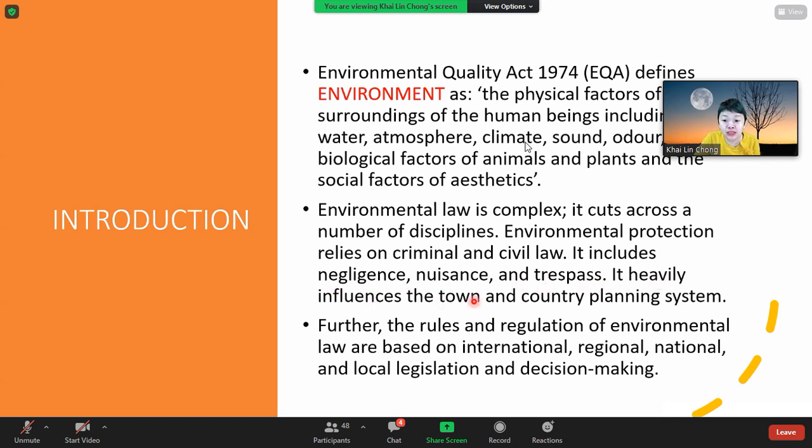It heavily influenced the town and country planning system. Further, the rules and regulations of environmental laws are based on international, regional, national, and local legislations and decision making. Okay, dia tak boleh kata hanya tengok untuk state sahaja. Tapi dia kena tengok juga untuk national, Asia Pacific, ASEAN, dan seluruh negara. Okay, for the whole world.